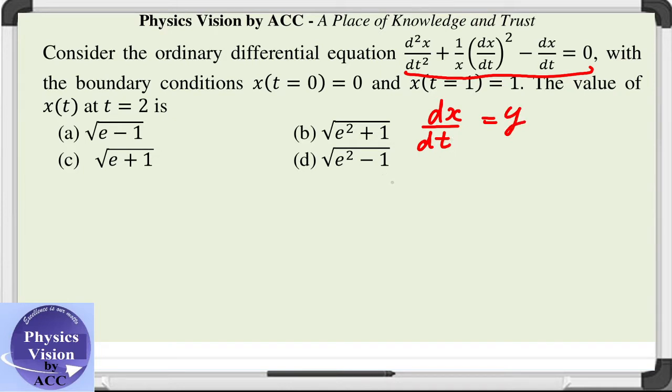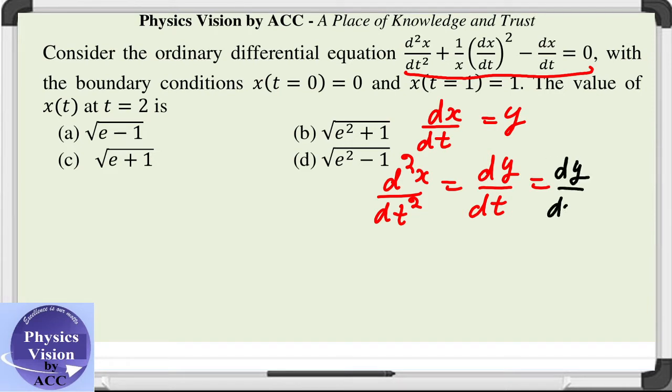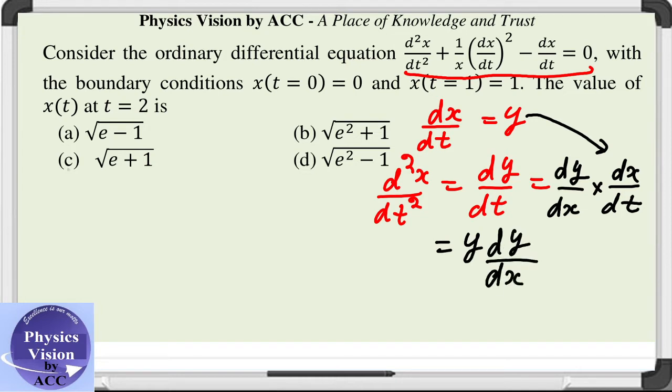So the value of d square x by dt square will be equal to dy by dt, which can further be written as dy by dx into dx by dt, right? So dx by dt is y, we have assumed this value, so the double derivative becomes y into dy by dx.